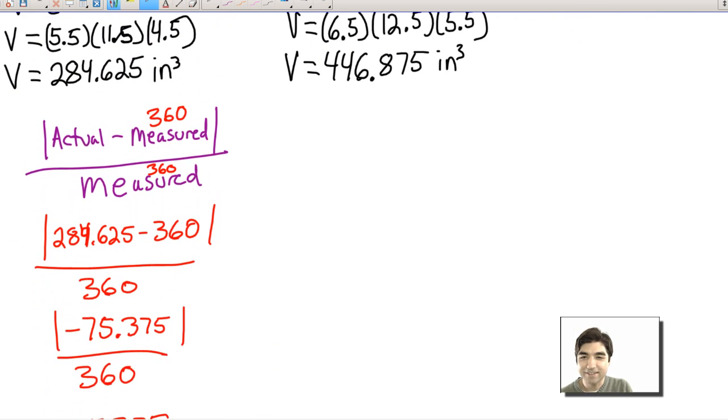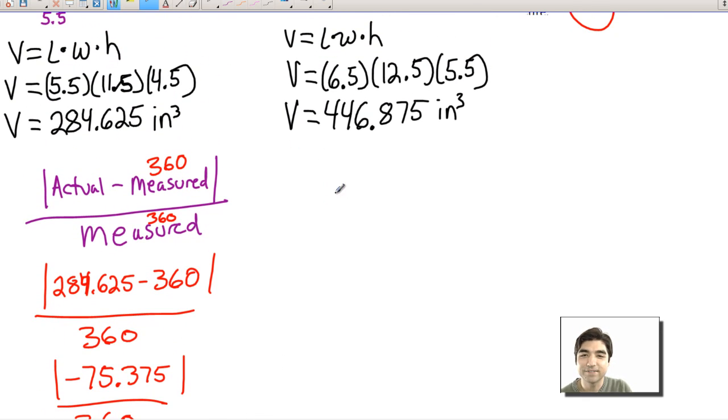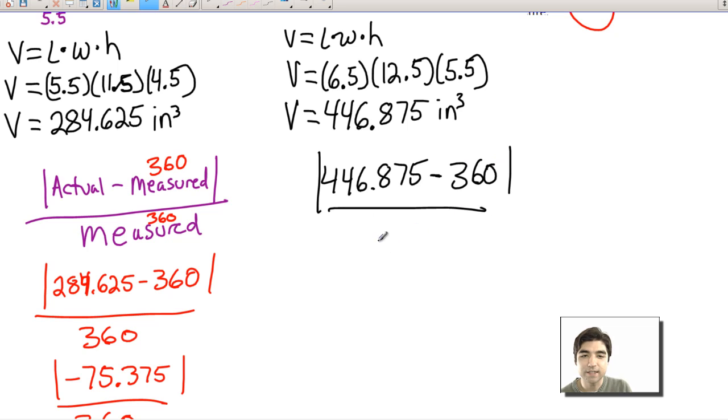Okay, now we just need to do that for the right side. We have the actual is 446.875. So this is for our overestimation, and the measured is 360, divided by 360.